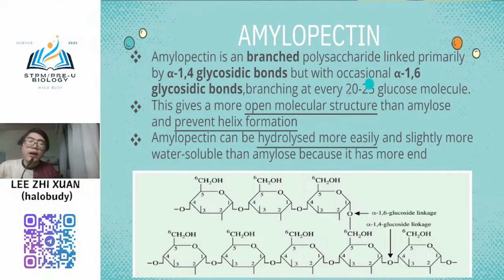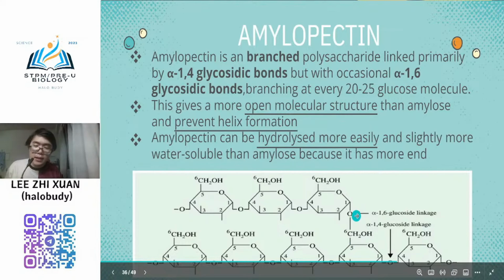So how is this branched polysaccharide formed? The bond formed is an alpha 1,6 glycosidic bond, rather than alpha 1,4. Meaning that carbon number 1 here and carbon number 6 here form the bond, rather than carbon number 1 and carbon number 4.